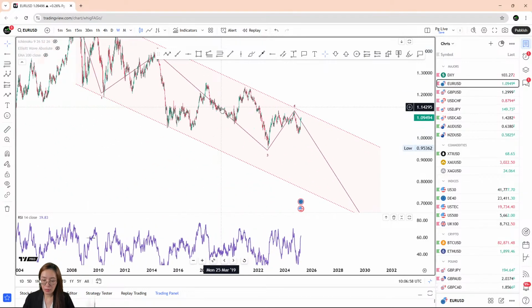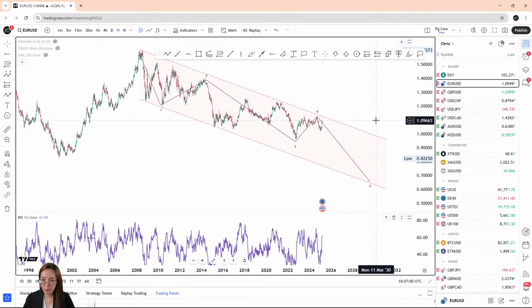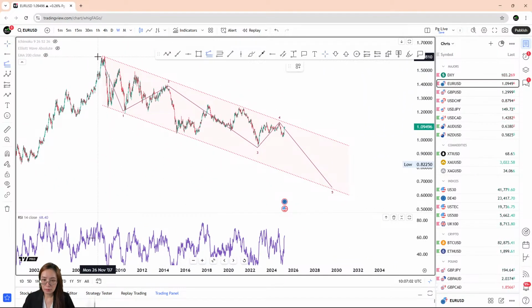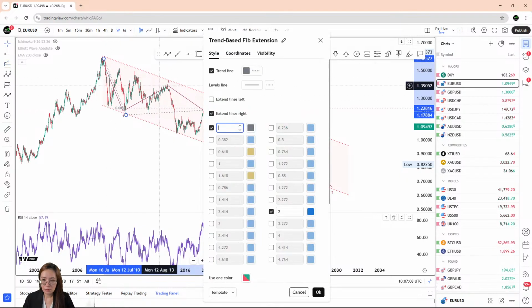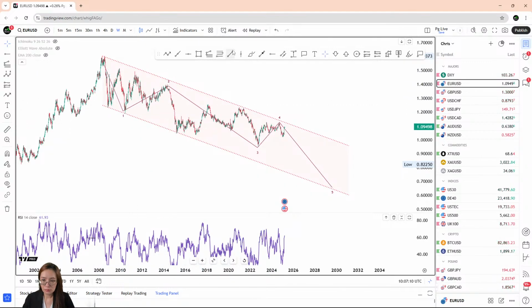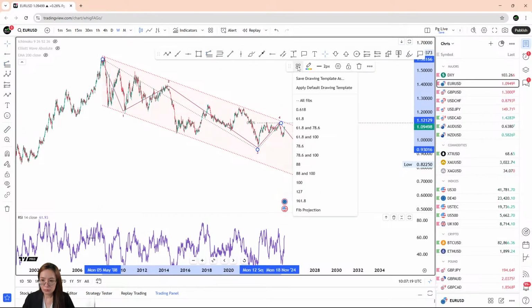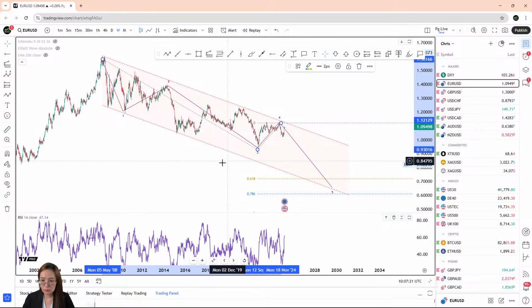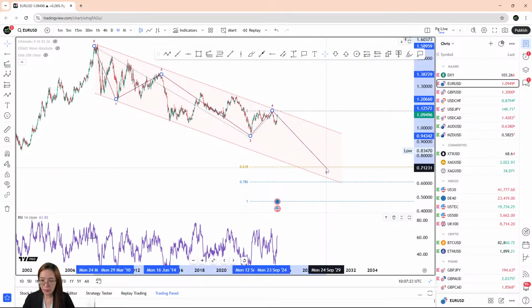Okay, what about wave 5, for example? Okay, wave 5 could be here.